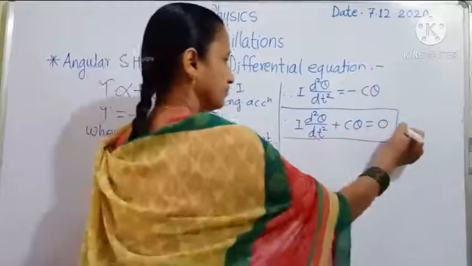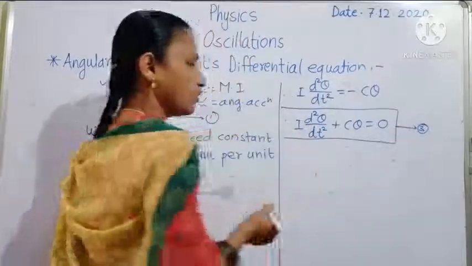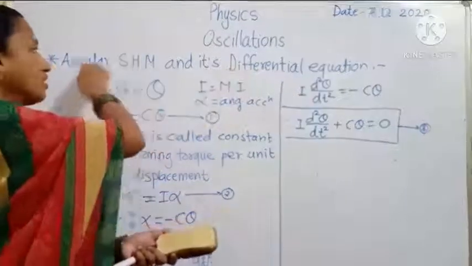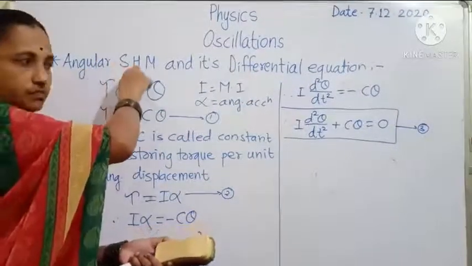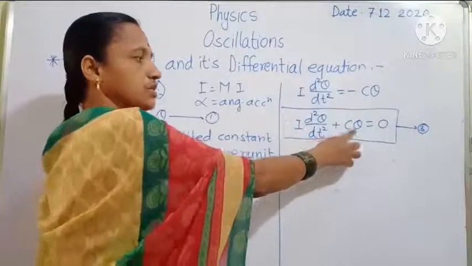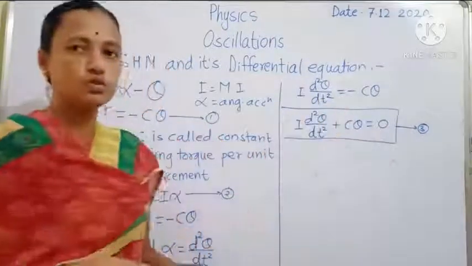This is the differential equation for angular S.H.M, that is I d square theta upon dt square plus c theta is equal to 0.